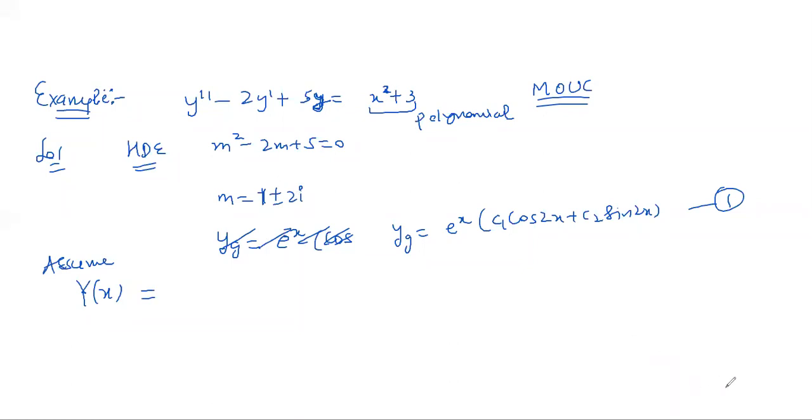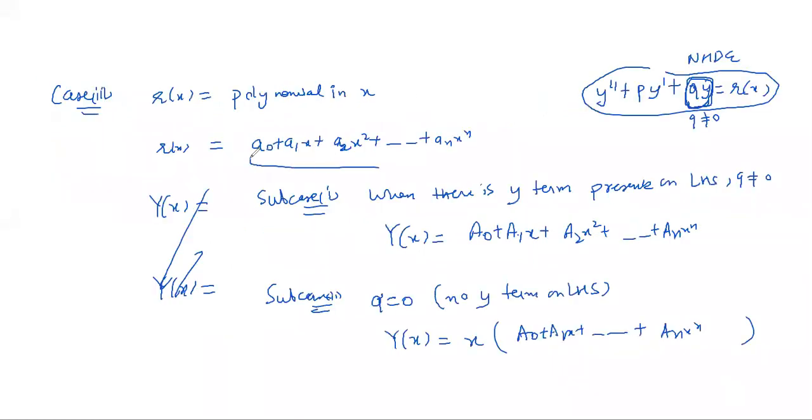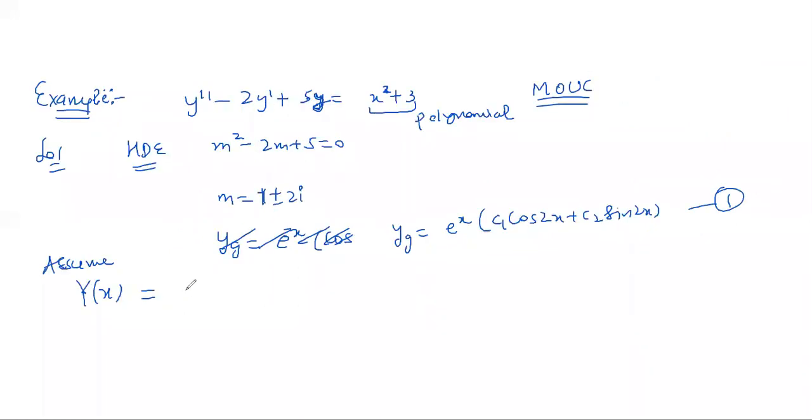Like I showed you here, whatever your R(x) is, if it is a polynomial of degree n, your Y(x) is also going to be a polynomial of the same degree, x raised to power n. So here we will be choosing a general quadratic, second degree polynomial. So this should be my assumption.